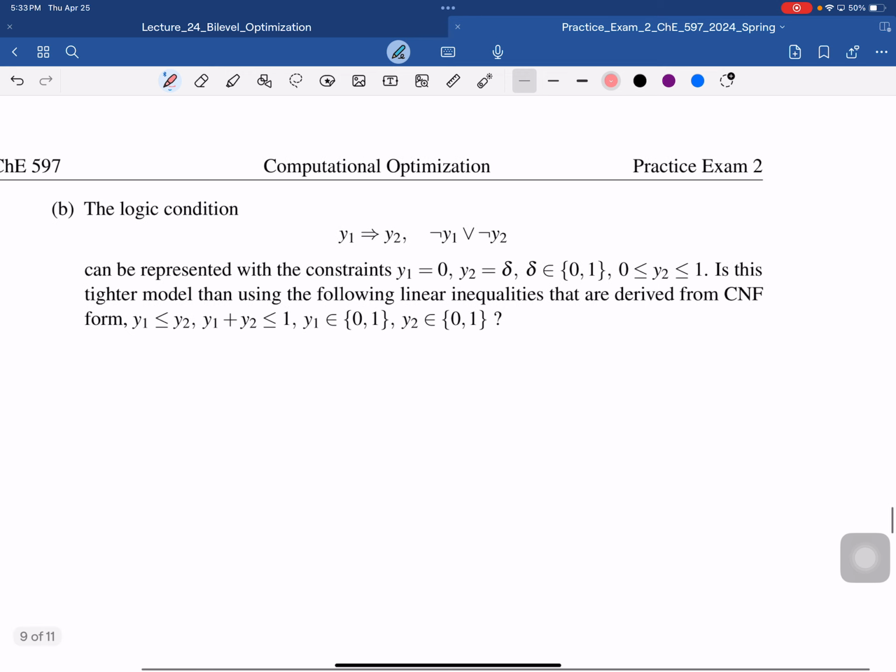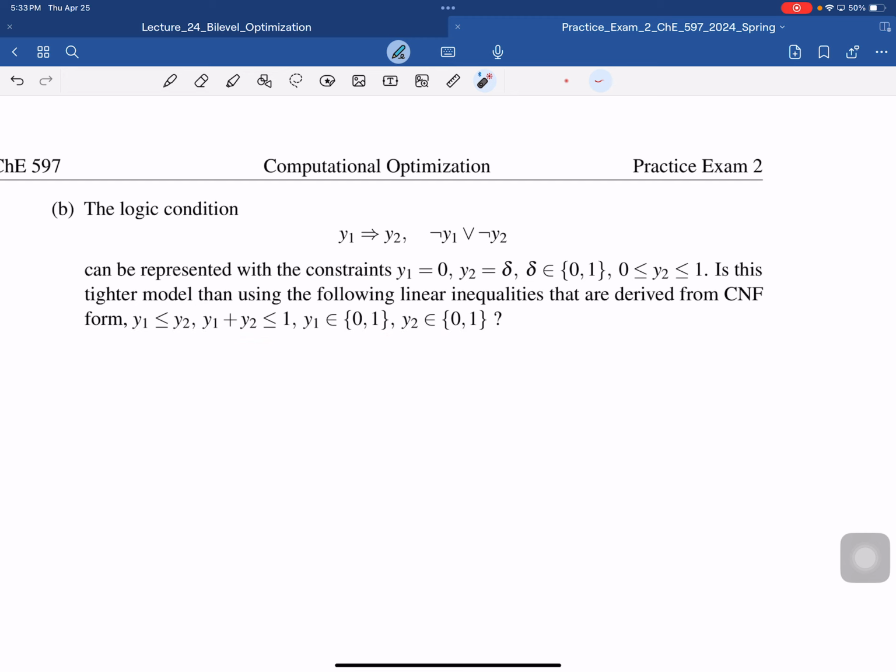Okay, so this is related to the first part, the logic propositions and how tight the linear programming relaxation is. It is proposed that you can represent the logic condition using this set of constraints, and it asks: is this a tighter model than the following linear inequality constraints?